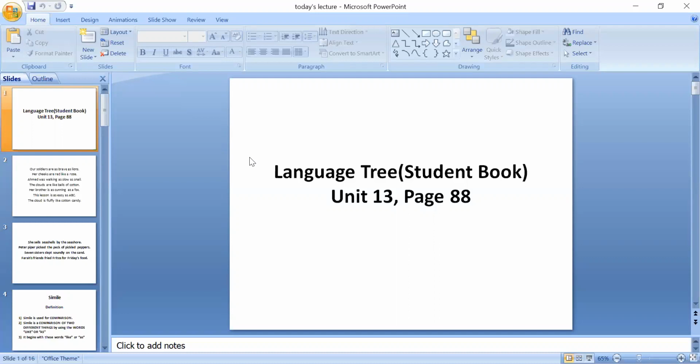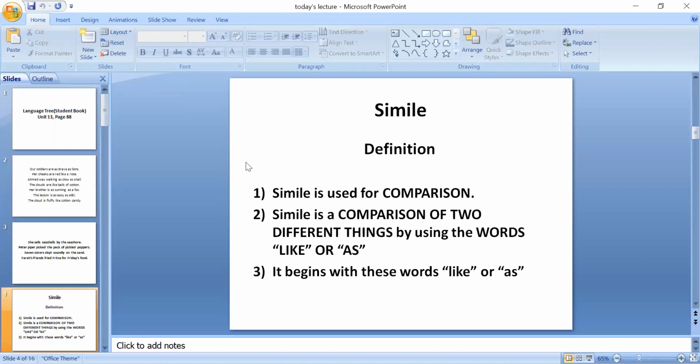Okay, in today's lecture, we are going to do similes. First of all, you will just listen to me, and then I'll ask you to open books. We were doing similes. Simile is used for comparison. I told you that simile is used for comparison. It is a grammatical concept.